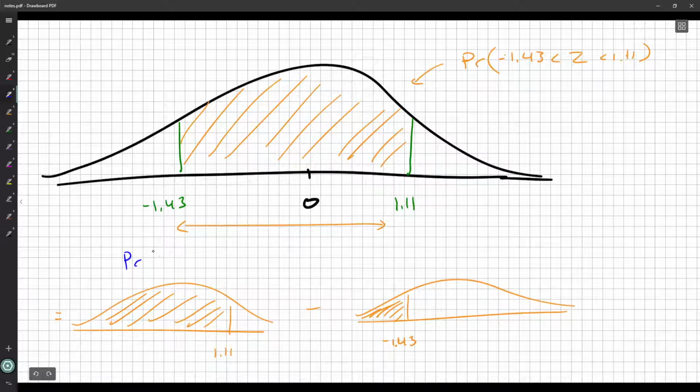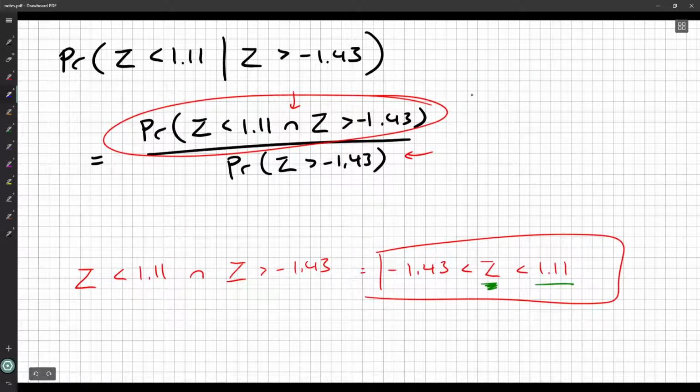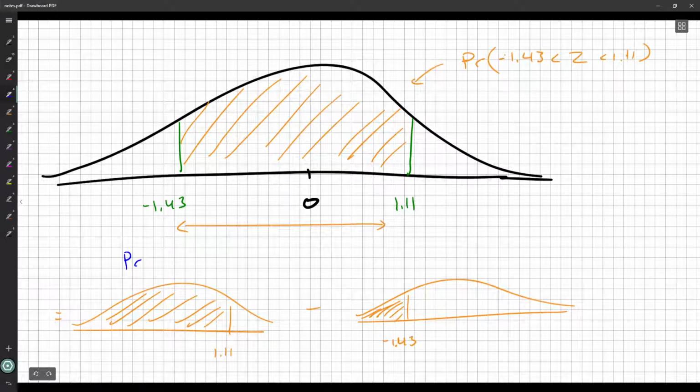So this numerator that we need to calculate, we now understand we've got an area representing it. This is something that can be very quickly looked up in the nice table associated to Z. The probability that Z is less than negative 1.43, though, is not something we can look up in this table.